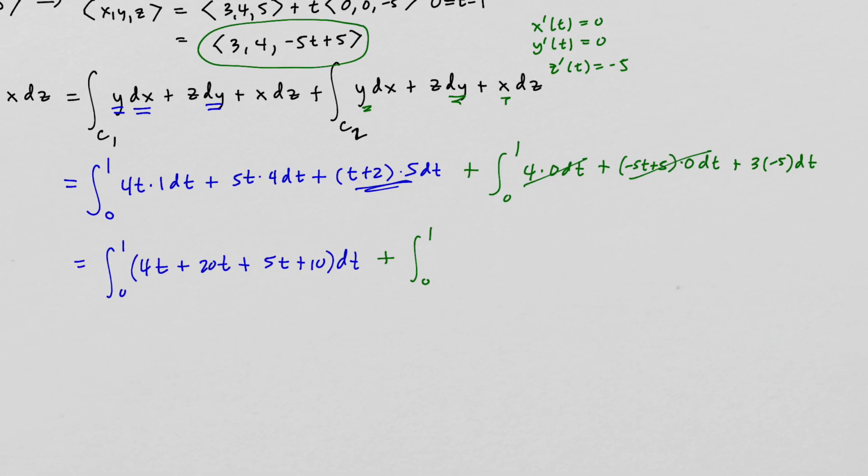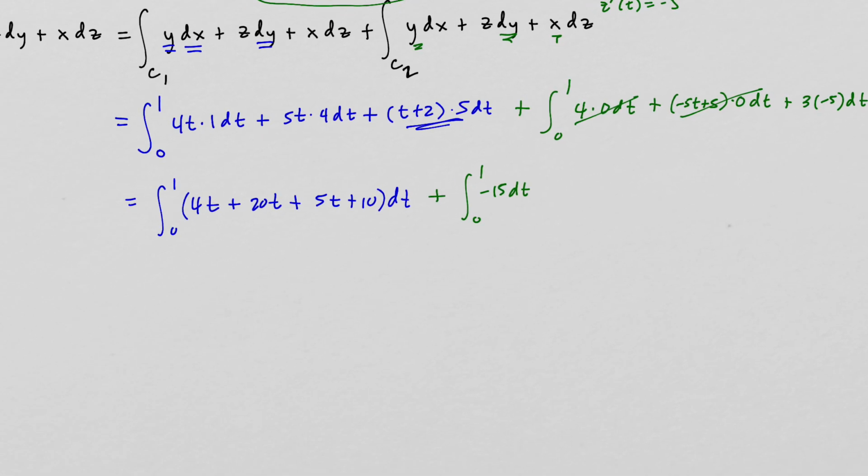Negative 15 dt. Okay, now we could do a little bit more combining here. I think it's worth it to do this. I have 29t plus 10 dt, and then this one actually turns out to be minus 15 integral of dt.